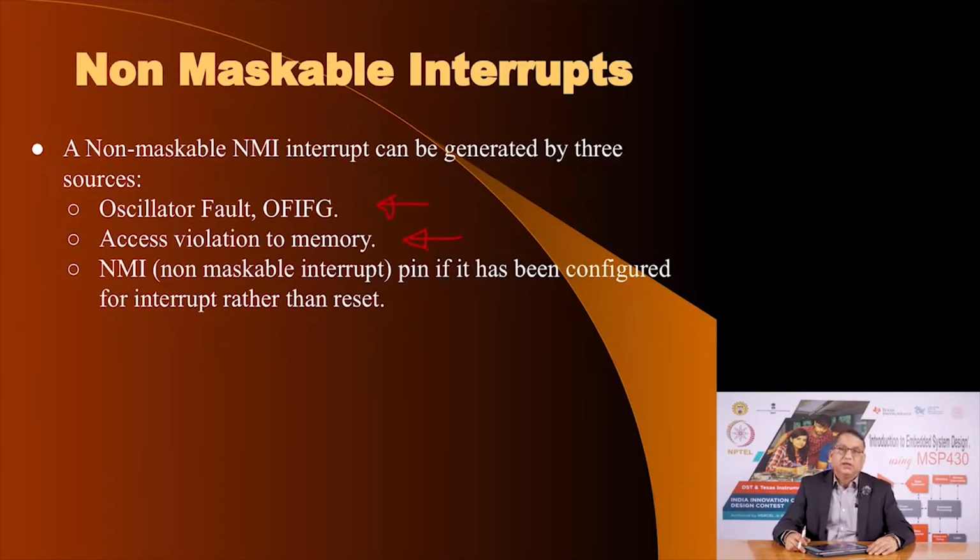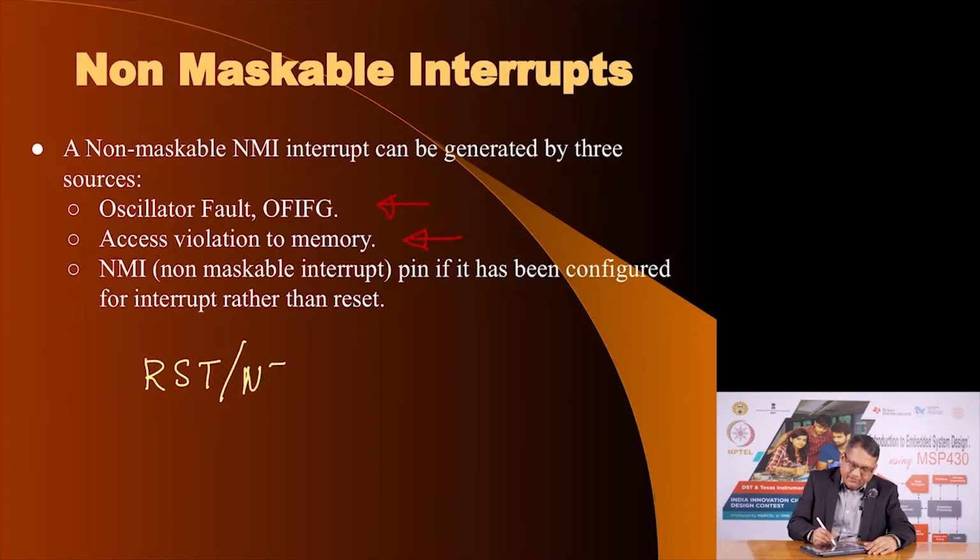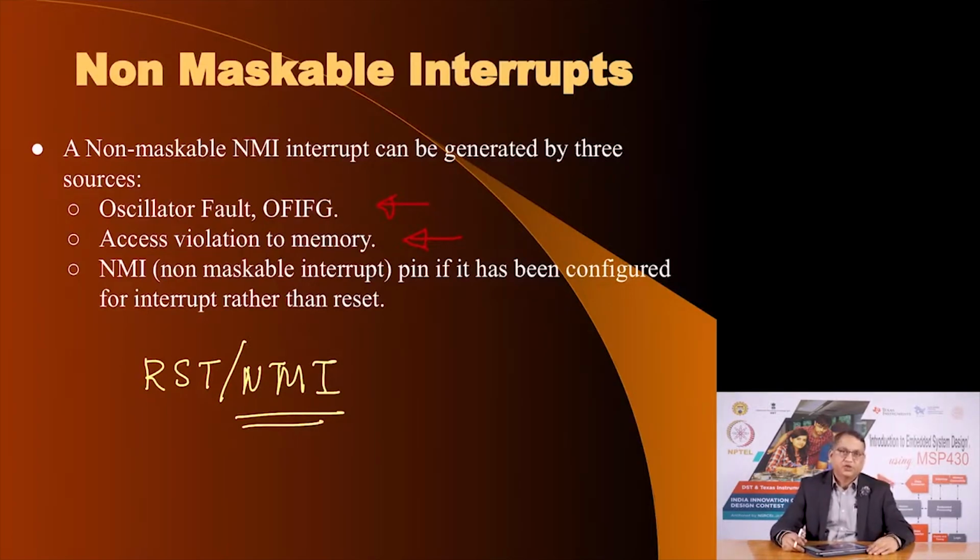And the third is the non-maskable interrupt pin, which as we have mentioned earlier is actually shared with the RST pin, RST NMI. If you provide a signal on this, then it could be construed as a non-maskable interrupt. So, these are the three non-maskable interrupt sources.